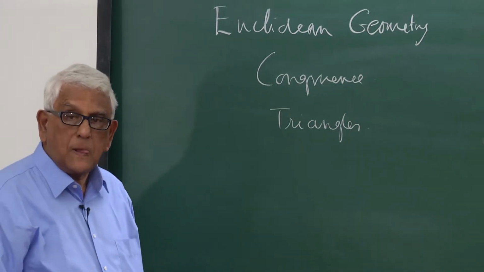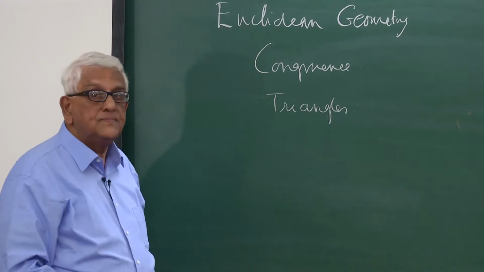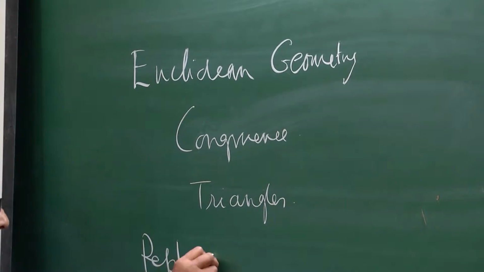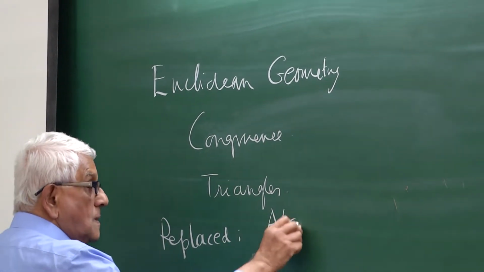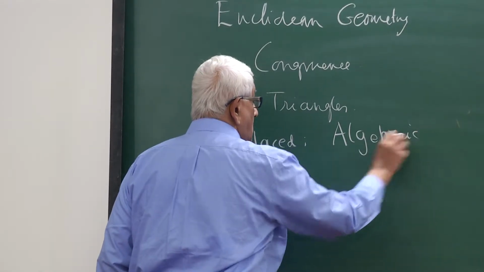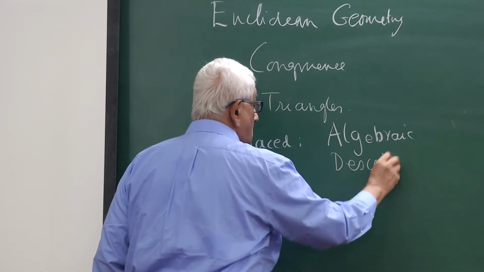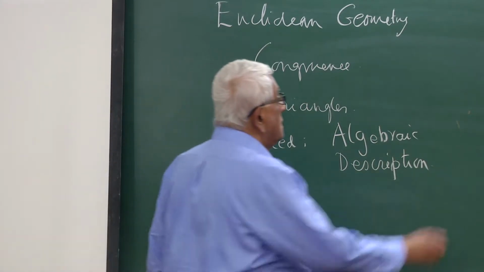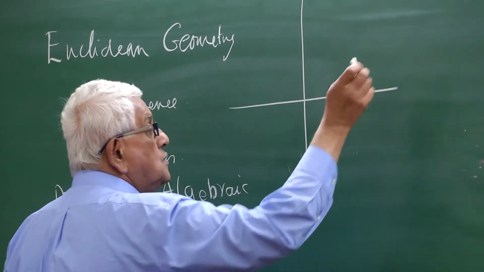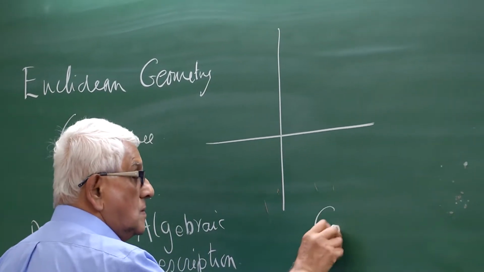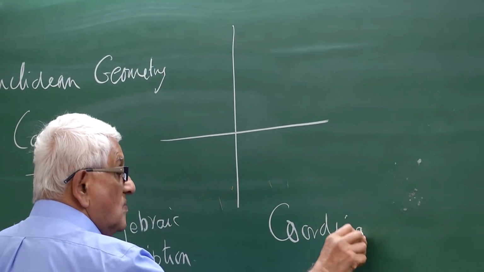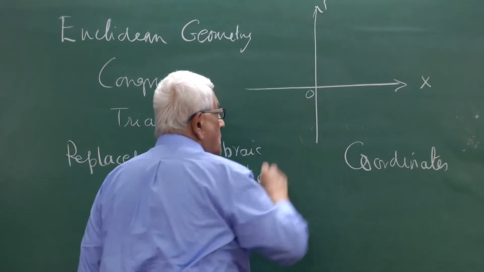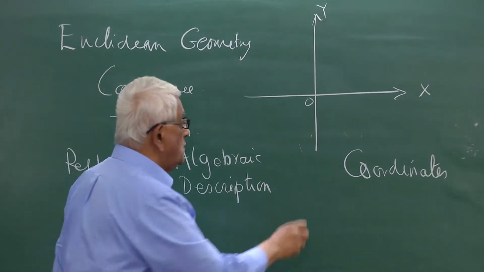But as we found out that this whole system could be replaced by an algebraic description. And there the idea was to use coordinates. And we had an x axis, a y axis, we had to pick an origin, and we had to pick a unit.